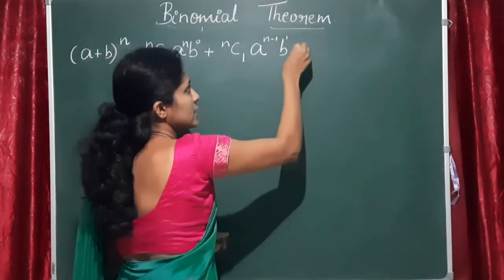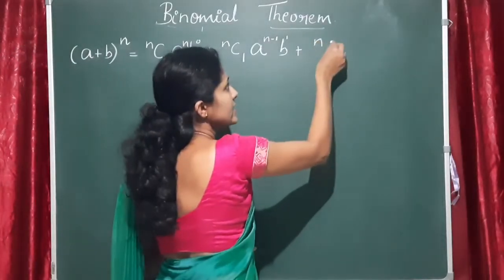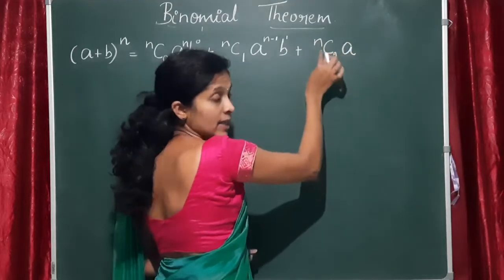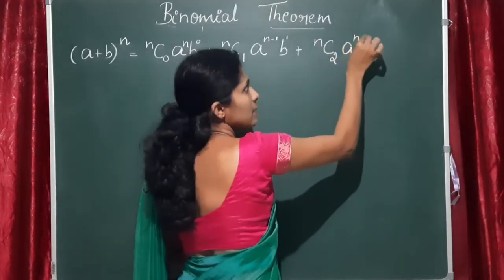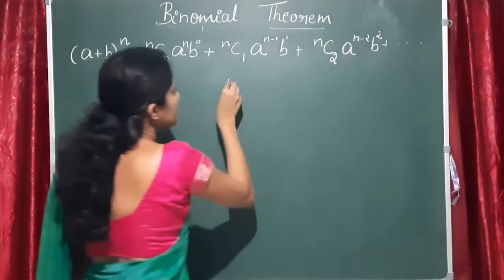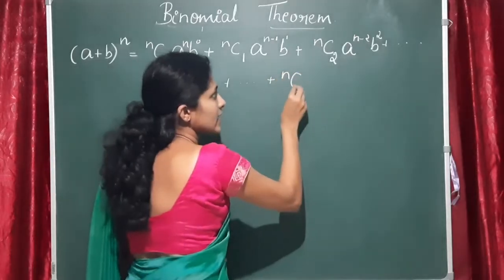Okay, you have to remember this formula. Plus nC2, a to the power n minus 2, and b square. Like this we have to expand till the last value will be nCn.